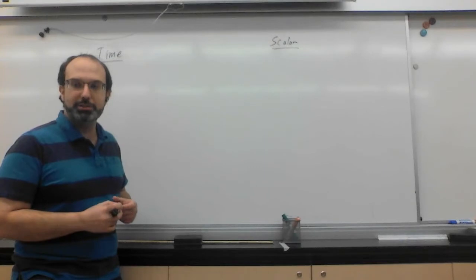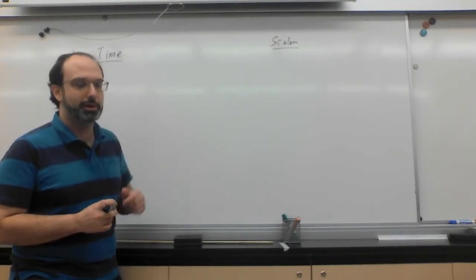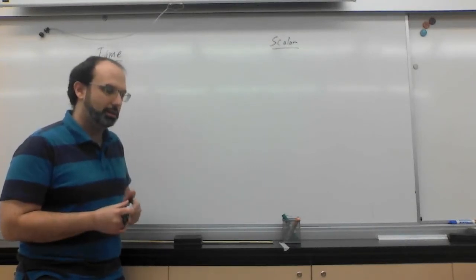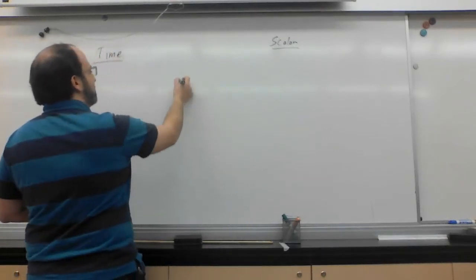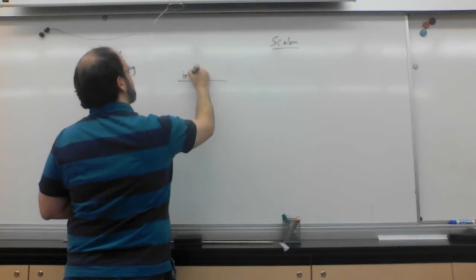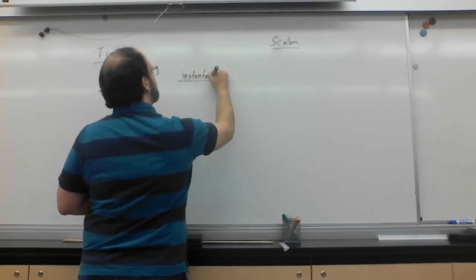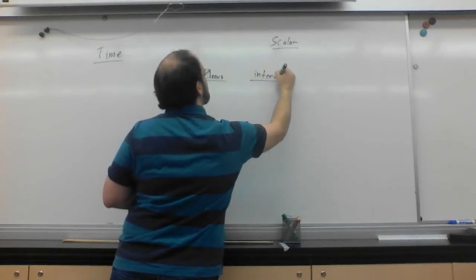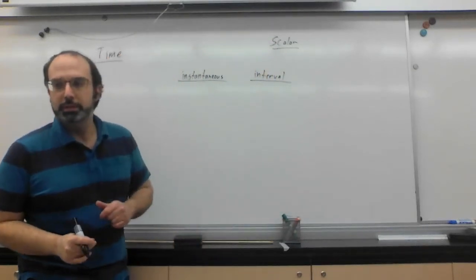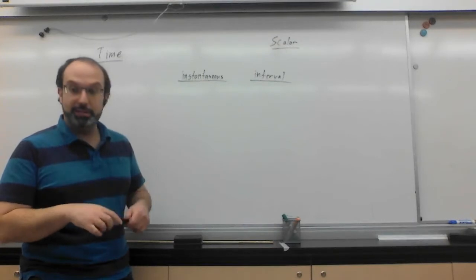There are 2 ways to talk about time. Now, this is the part where I'm going to say some words and you're going to be like, huh? You already know this. The 2 ways to talk about time are instantaneous and interval. Now you'll notice there's some examples underneath.